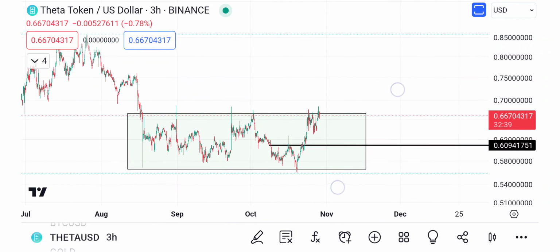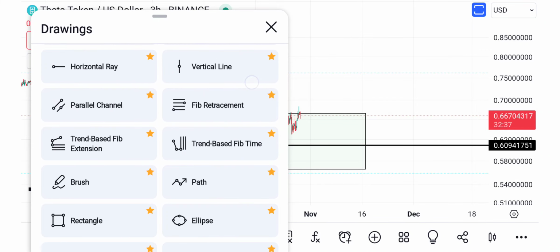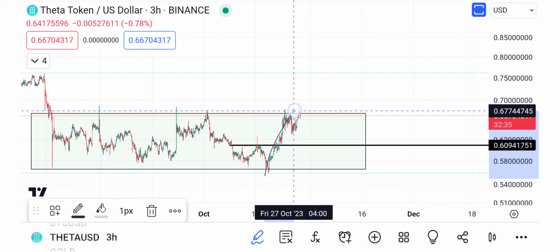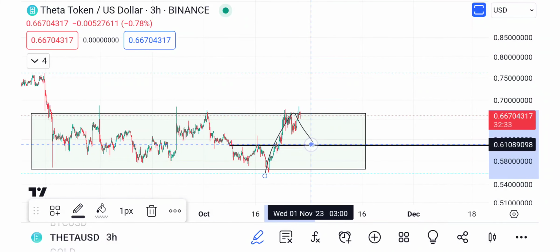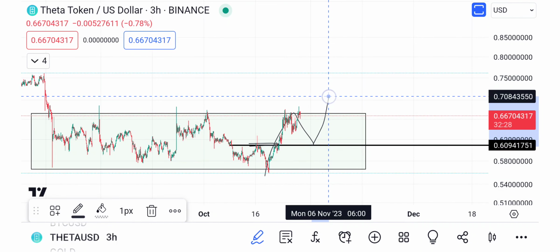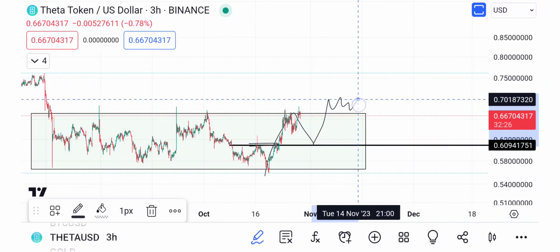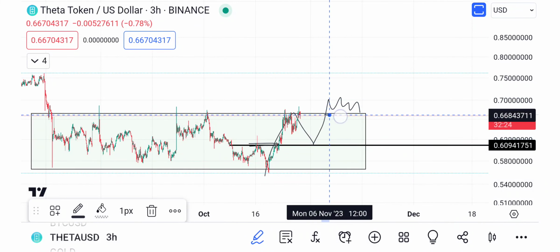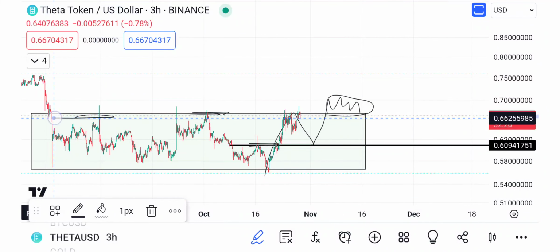So we see the wave coming all the way down here. We want to see it come down and backtest this area and then continue on. And then when we break this, we want to see another backtest area. That way we can hold above this support, kind of like how Bitcoin's doing now, but on a bigger scale.